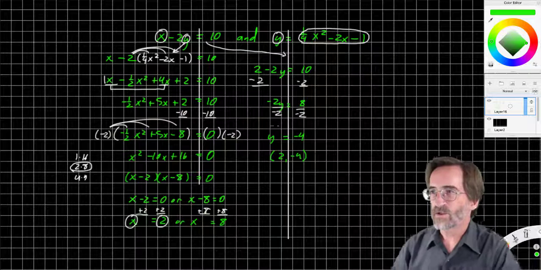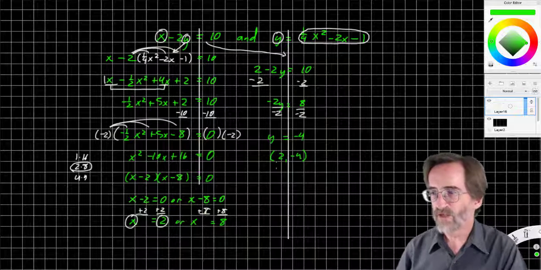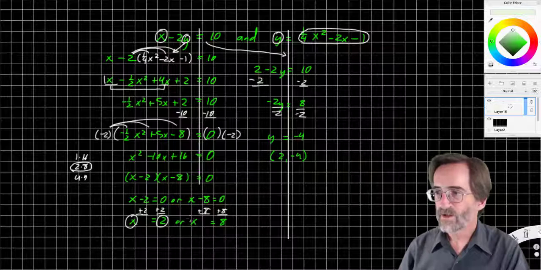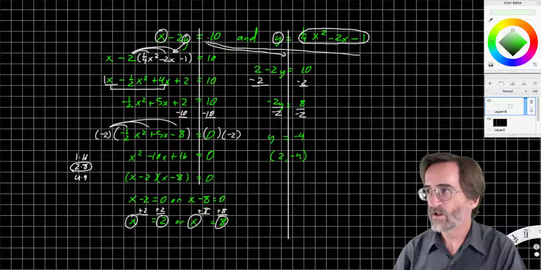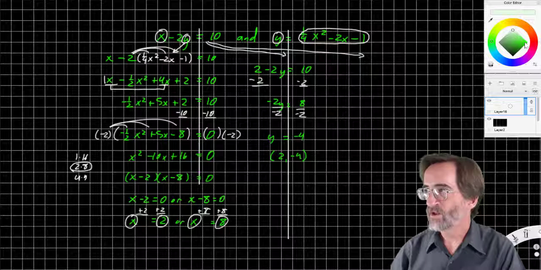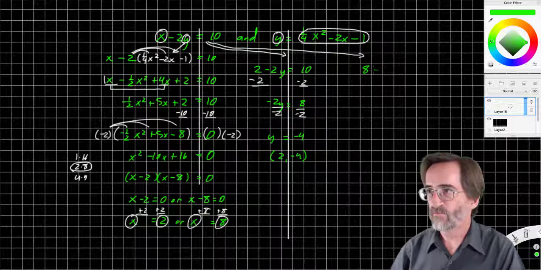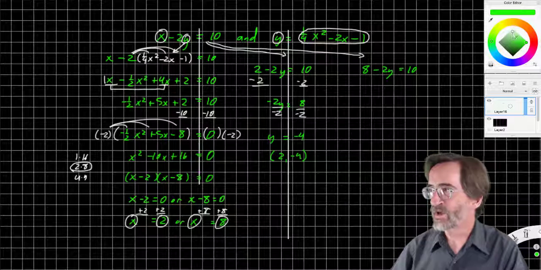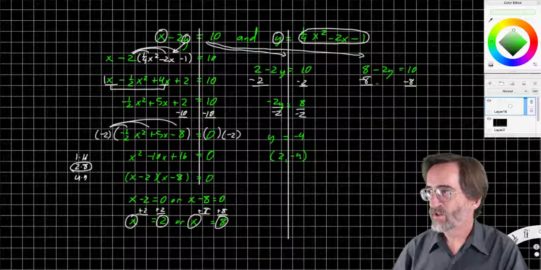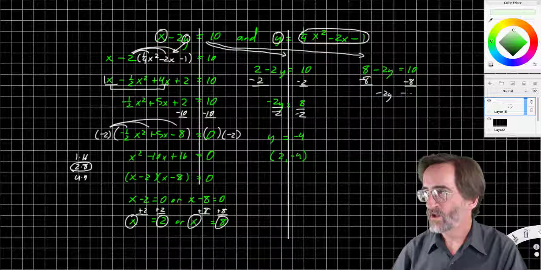Okay, but we also need to substitute x equals 8. So we're going to let x equal 8 as well. So now we're going to do 8 minus 2y equals 10. Subtract 8, and we get negative 2y equaling 2.